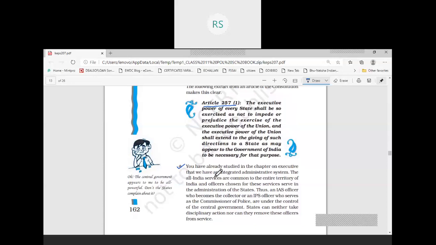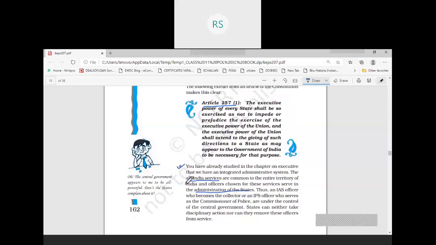So in India, in our country, we have all India services. These all India services are common to the entire country. The officers who are selected for these all India services serve in the administration of the states.